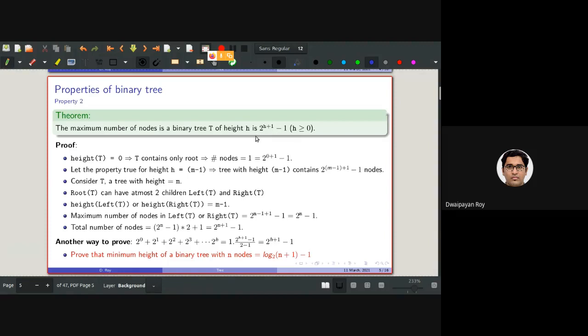Also, I asked you to prove that the minimum height of a binary tree with n nodes will be log of n plus 1 minus 1. So I will again ask you to do that in your spare time, and if you face any difficulty, we can discuss this.